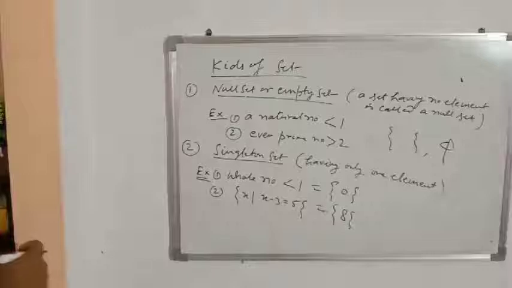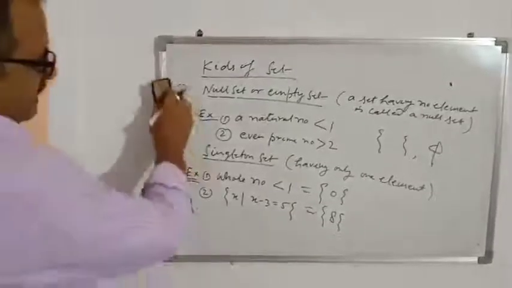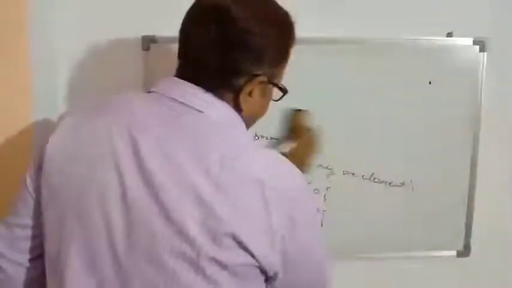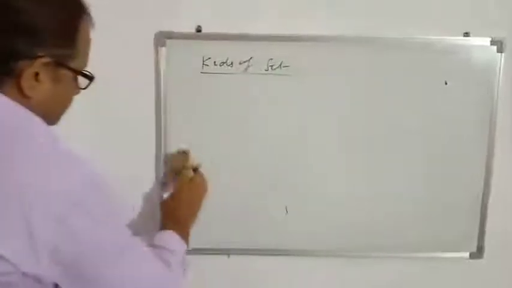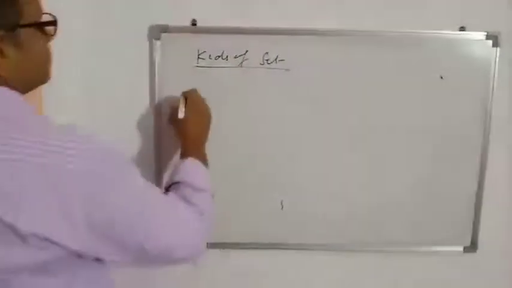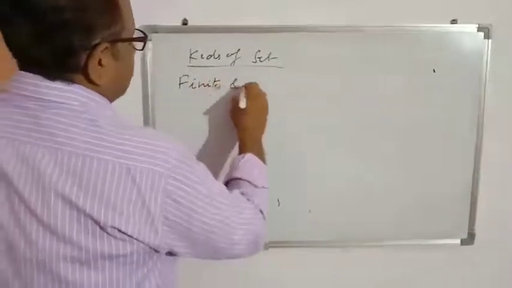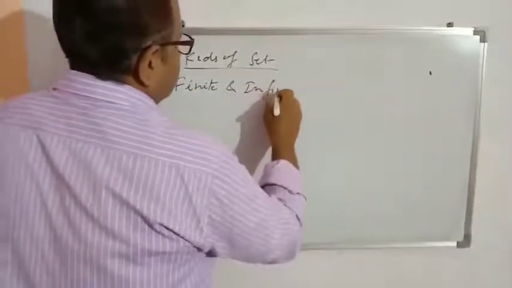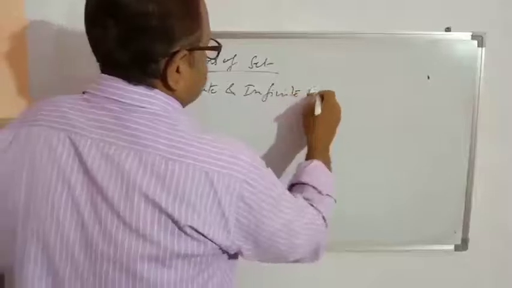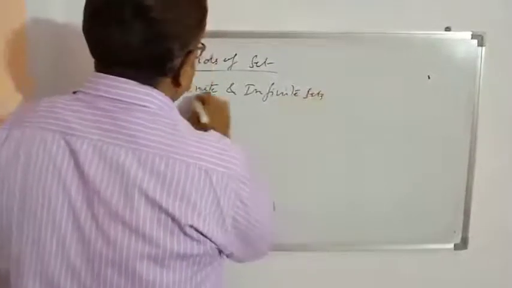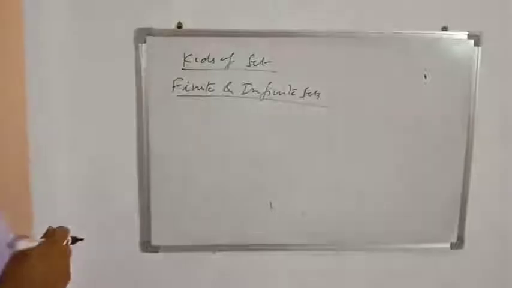So null set, singleton set. Next, finite and infinite sets. What are finite sets?